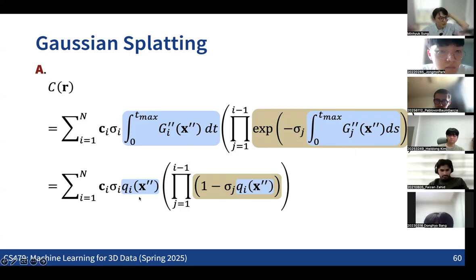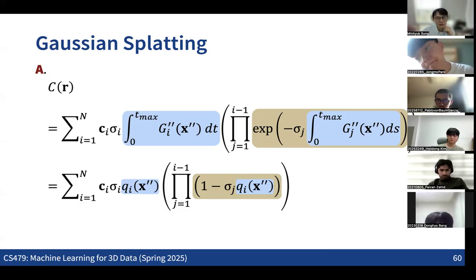For each i, this whole term becomes our transparency, and then we are doing nothing but multiplying the color and the opacity and the weights that are defined with the Gaussian kernels.